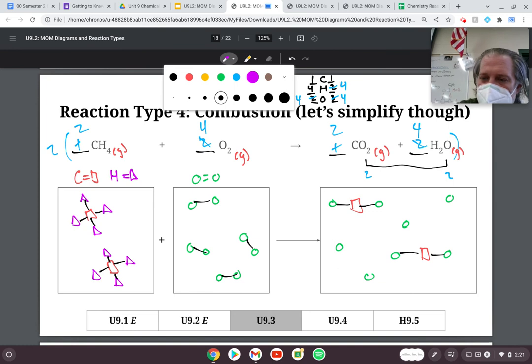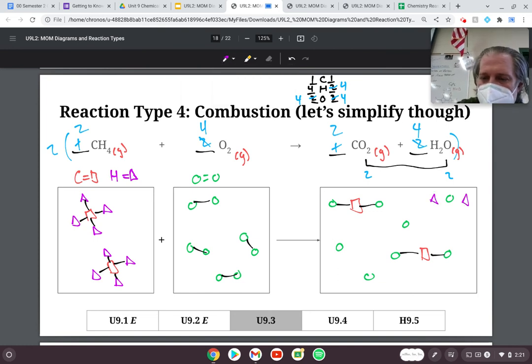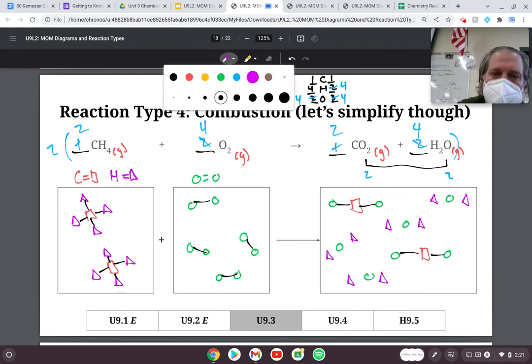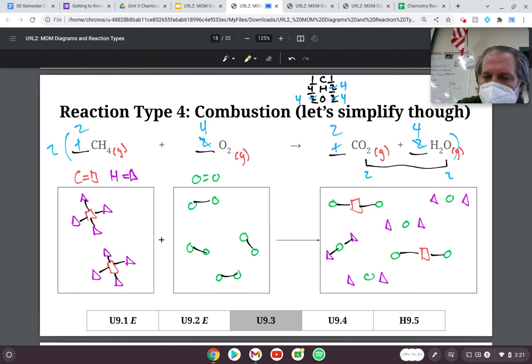And to the water, I'm going to bond some triangles. Those are my hydrogens. And it's done.